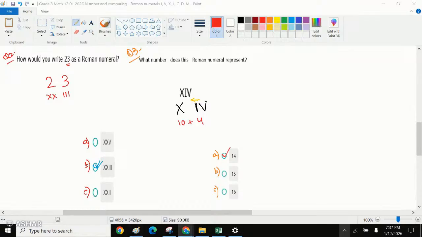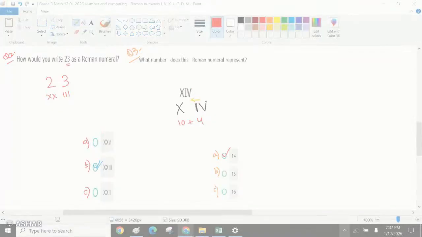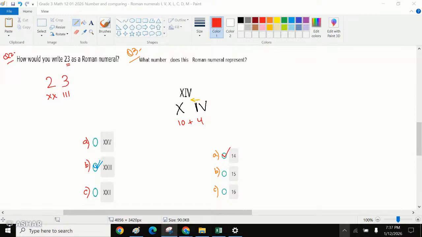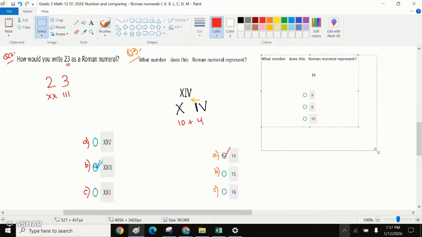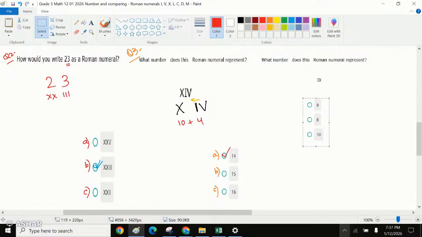The next question we have is, okay, let me just copy. IX. What does the numeral represent? And it says IX. Question number 4.